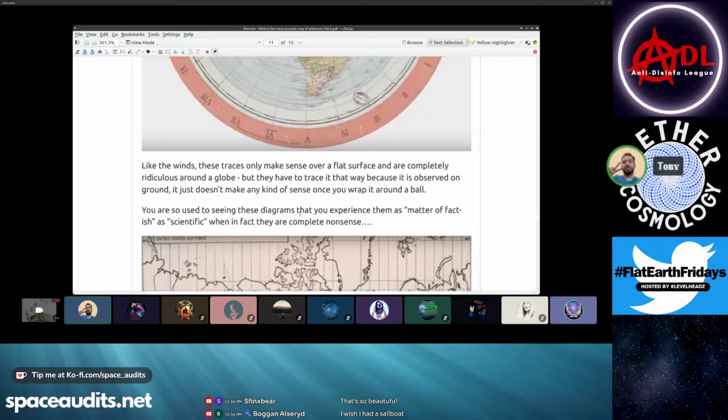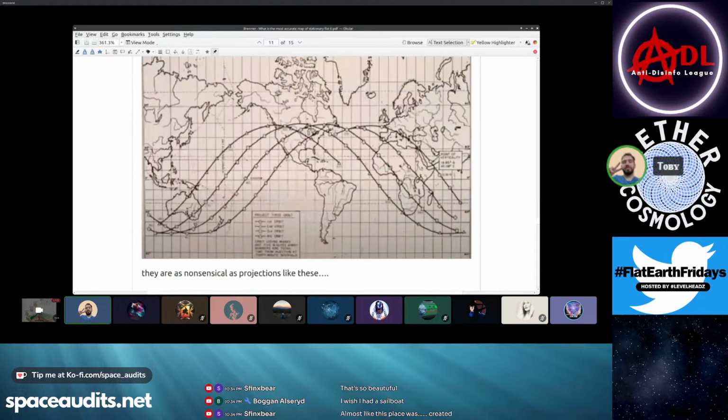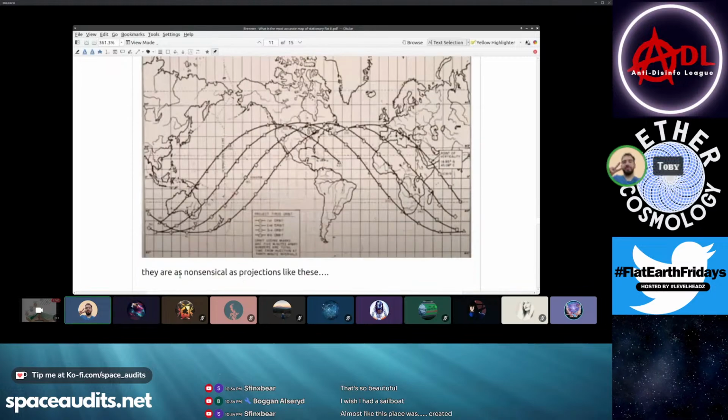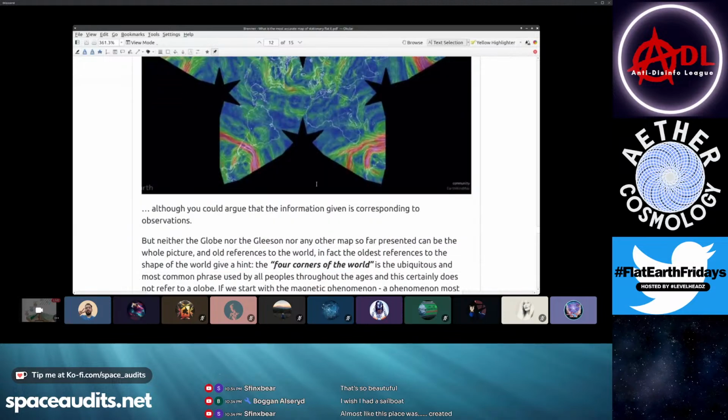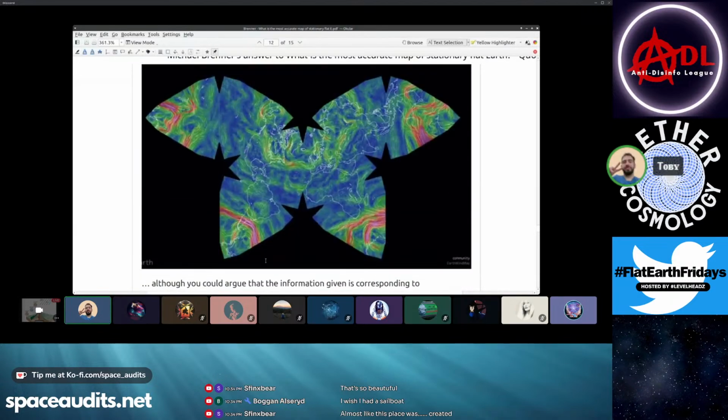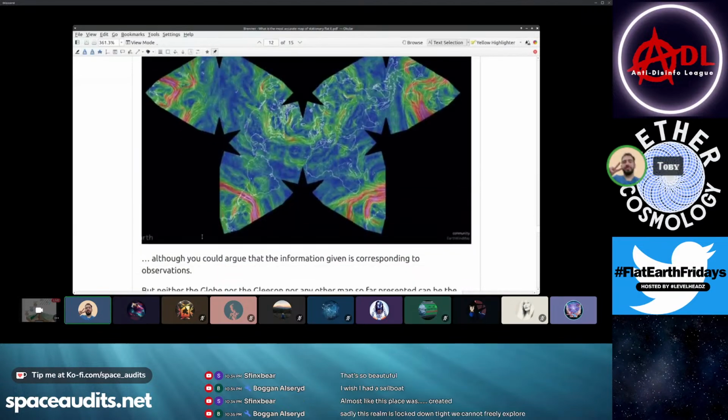You are so used to seeing these diagrams that you experience them as a matter of fact, as scientific, when in fact they are complete nonsense. They are nonsensical as projections like these. Although you could argue that the information given is corresponding to observations.